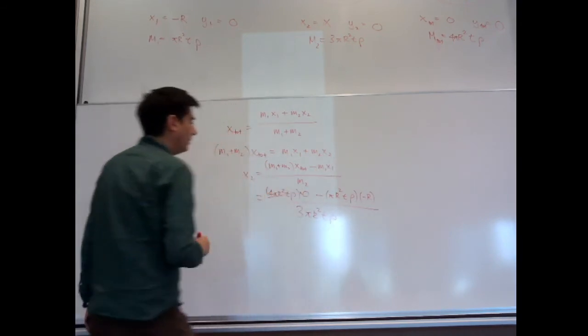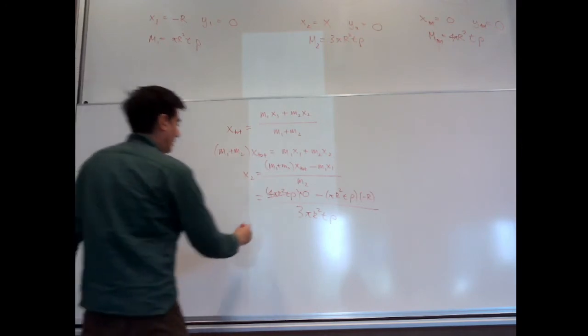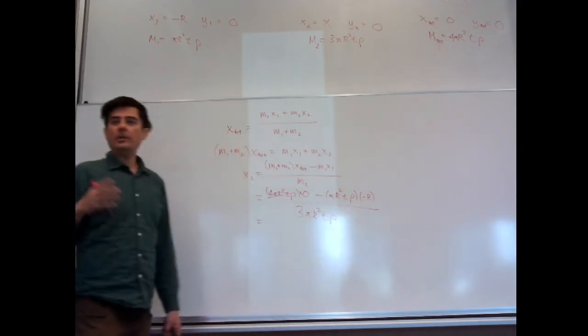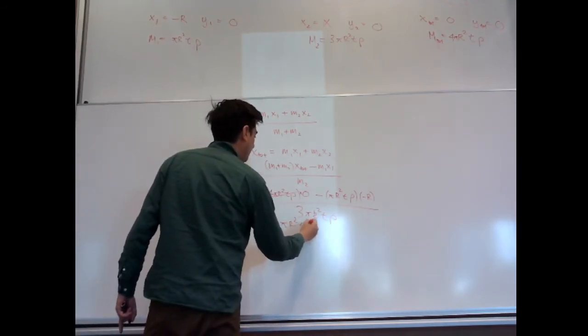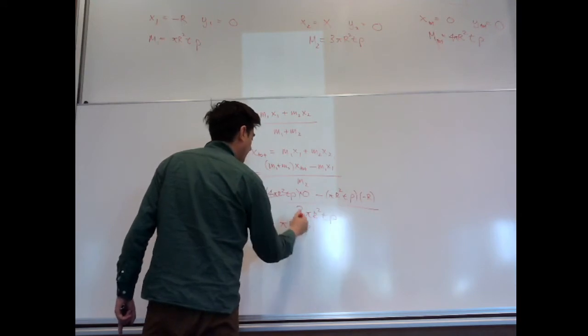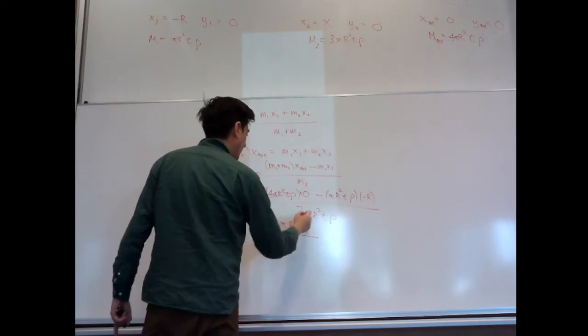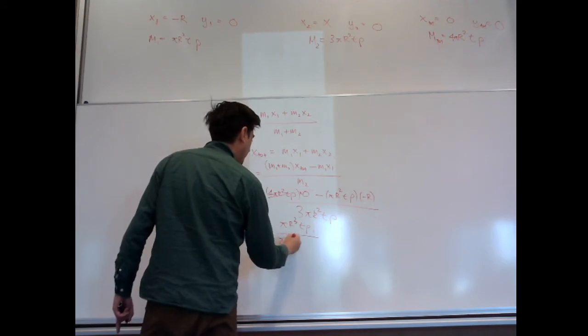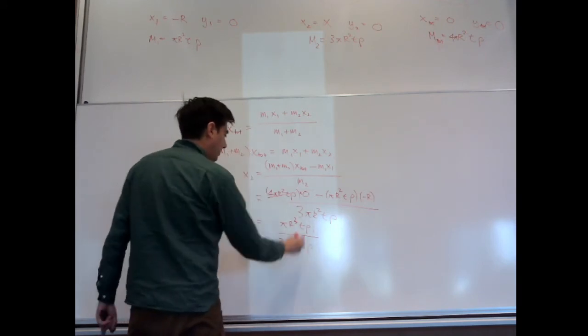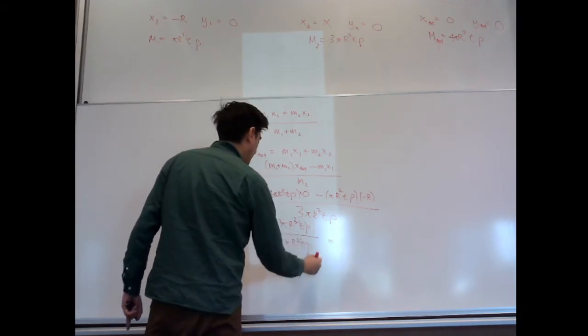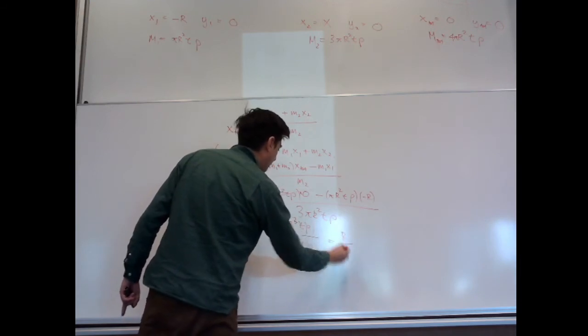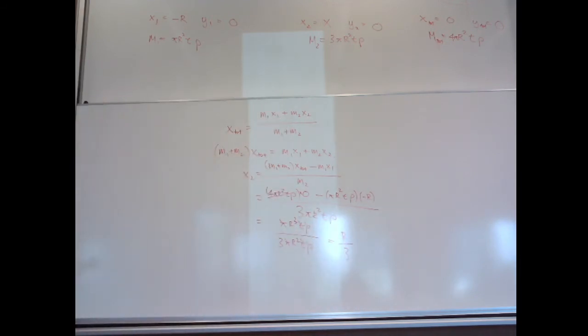This thing is 0 anyway. There are 2 minus signs here, so that becomes plus. So we've got pi r squared t rho, pi r cubed, and 3 pi r squared t rho. A whole bunch of things cancel: rho's cancel, t's cancel, pi's cancel. And so this is actually r on 3. So that's r on 3, that's positive.